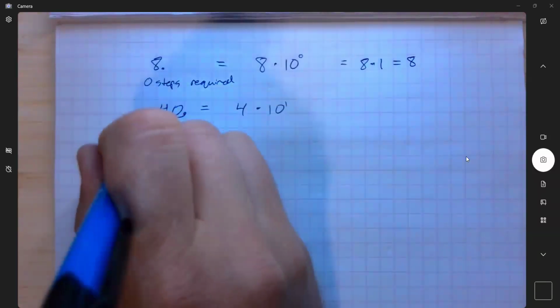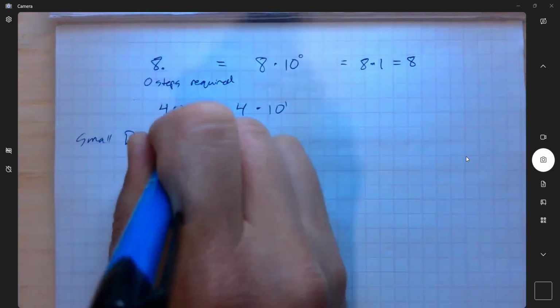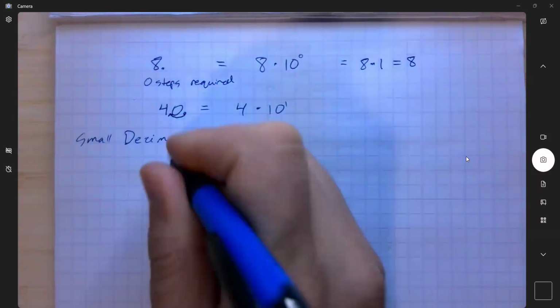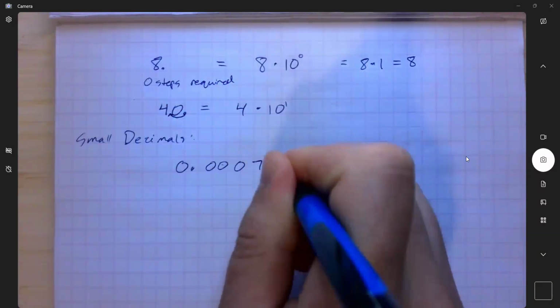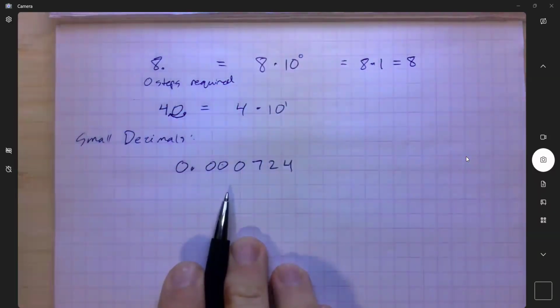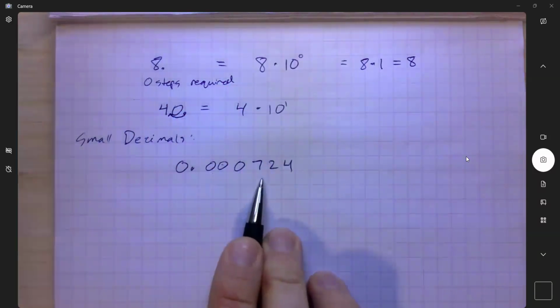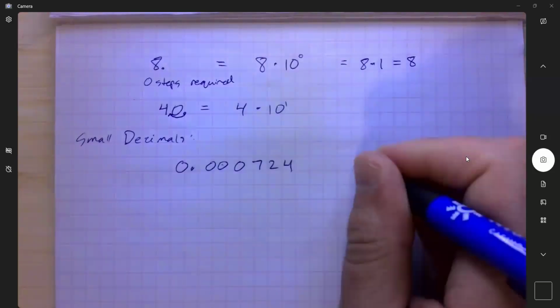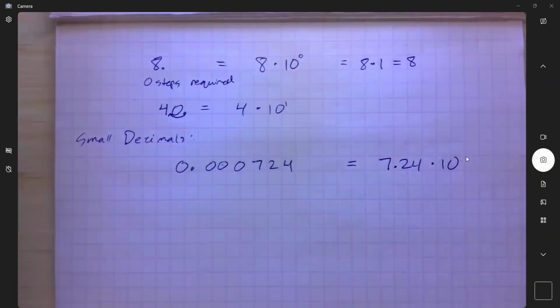So now let's look at small decimals. Let's look at 0.000724. This, according to my rules of scientific notation, is a number that can be written as a decimal between 1 and 9.9 times 10 to a power. So I should be able to write it as 7.24 times 10 to some power.